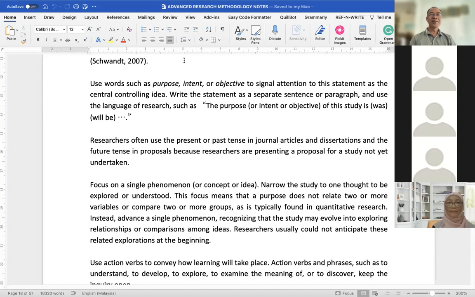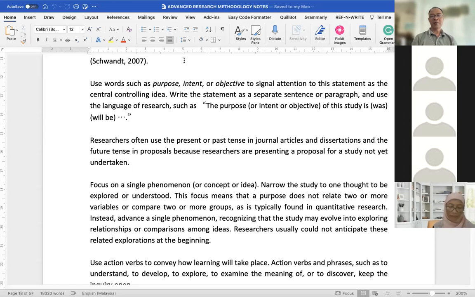But in Malaysia, I find that even at masters and PhD level, it is required to write both research questions and research objectives. So it's up to you which one makes more sense to write first, the research purpose or research questions.